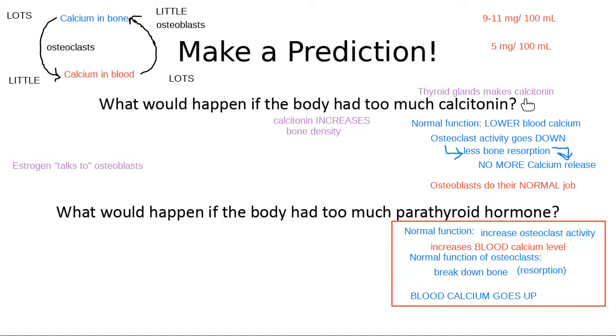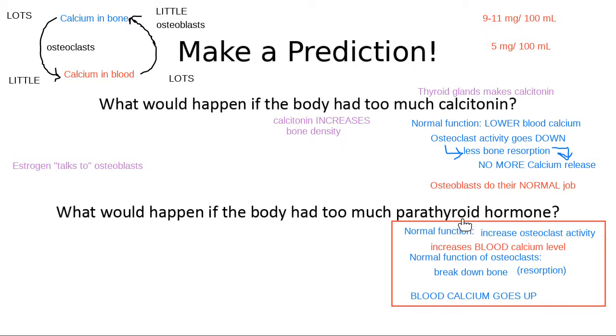When calcitonin sends this message, we stop stealing that calcium and we just keep adding calcium. So when the thyroid gland is spitting out the normal amount of calcitonin, or any extra calcitonin, that's going to increase my bone density. I'm going to make more bone because I'm slowing down my bone breakers.